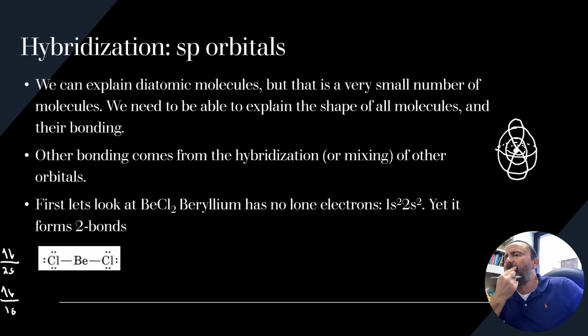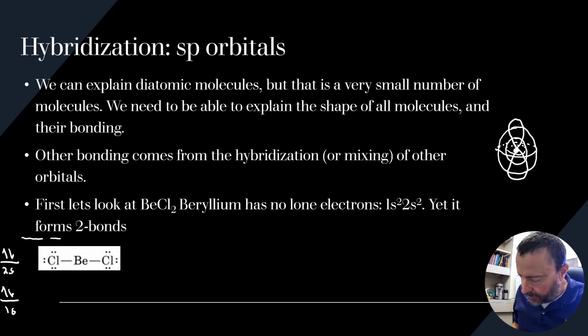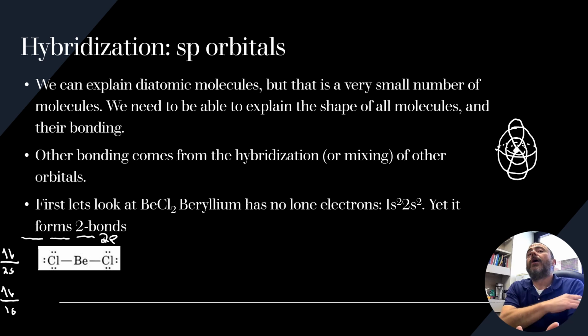Okay, well, what happens here is that we're going to get a mixing of some orbitals. And so what I mean by that is that not only do we have those 2s orbitals there, but we also have some 2p orbitals that are there. The second that you open up a new principal quantum number, all of the orbitals are actually present.